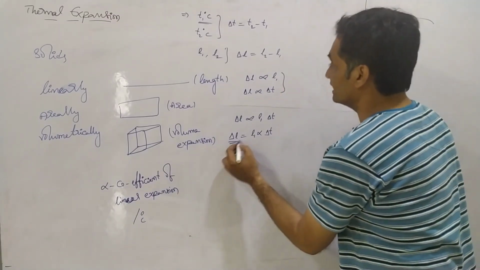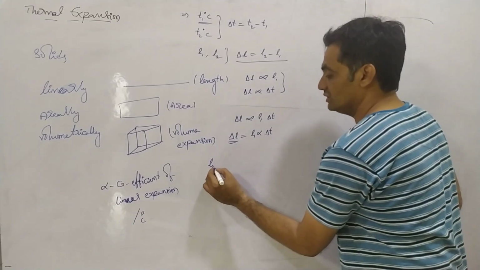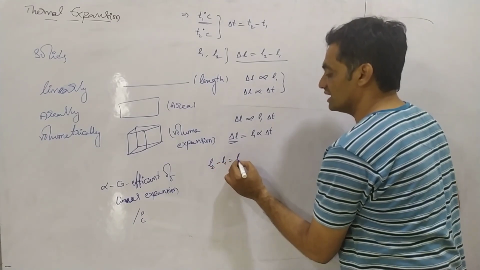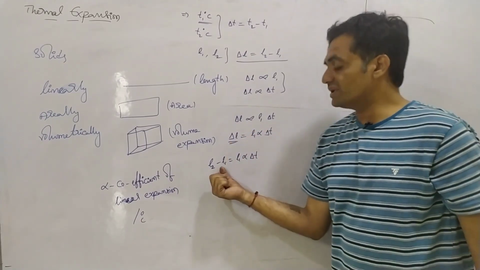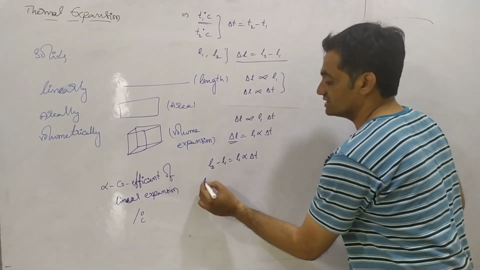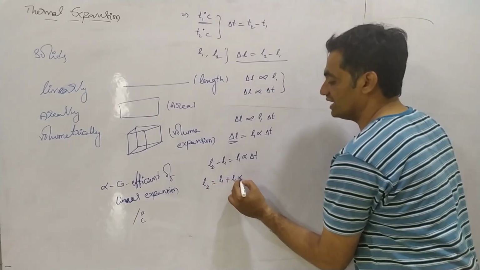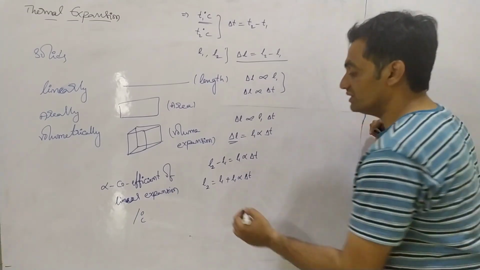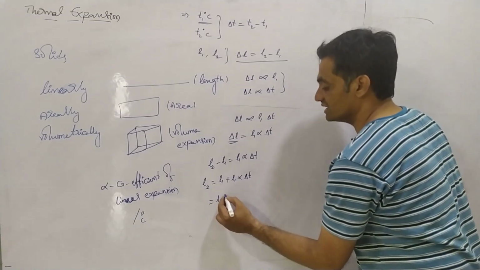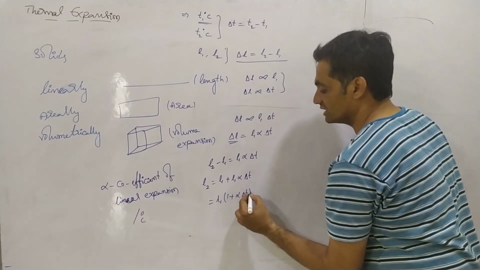Observe that delta L is equal to L2 minus L1. So when we substitute this, L2 minus L1 is equal to L1 alpha delta T. When we bring this L1 to this side, the expression is represented as L2 is equal to L1 plus L1 alpha delta T. Here we can take L1 as common, so the expression is L1 into (1 plus alpha delta T).